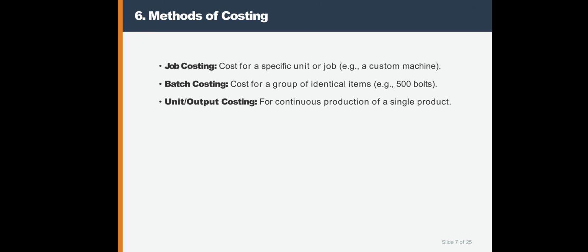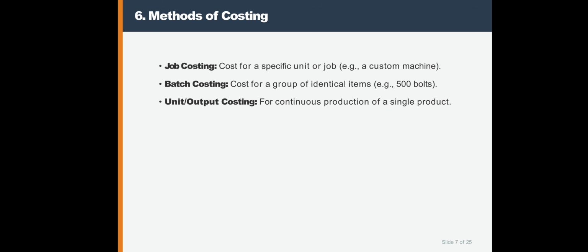Then, process costing. This method is employed when a standard product is made which involves a number of distinct processes performed in a definite sequence. This method is adopted in industries such as oil refining, chemicals, paper making, paint, cement manufacturing, and other similar industries.